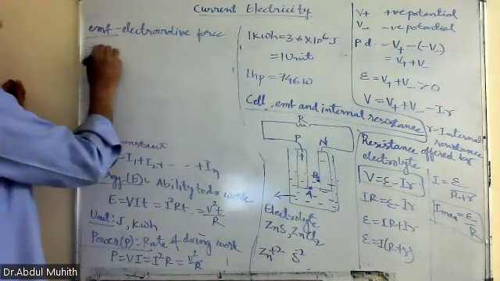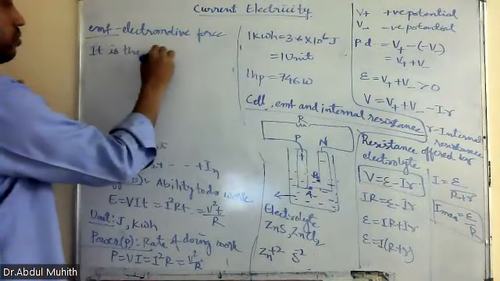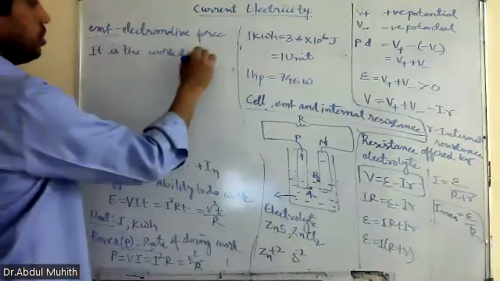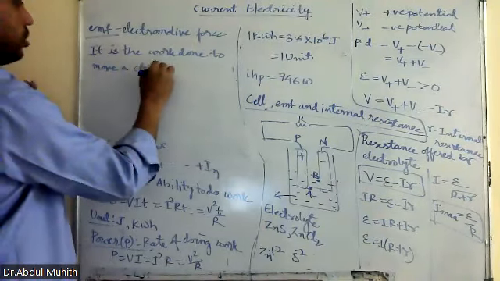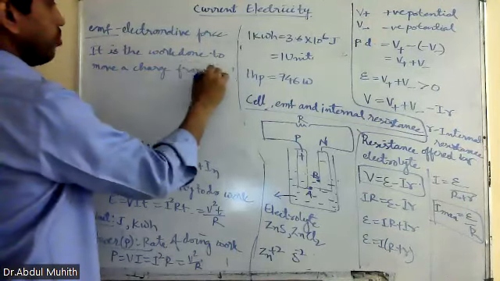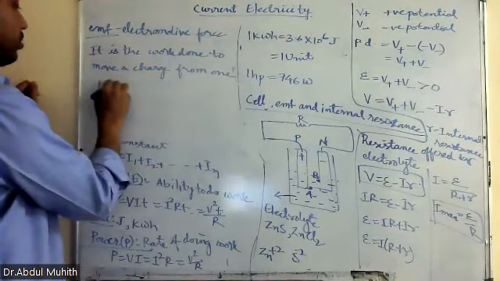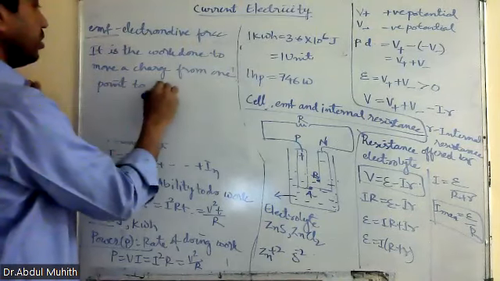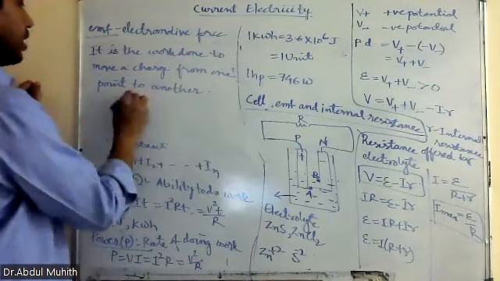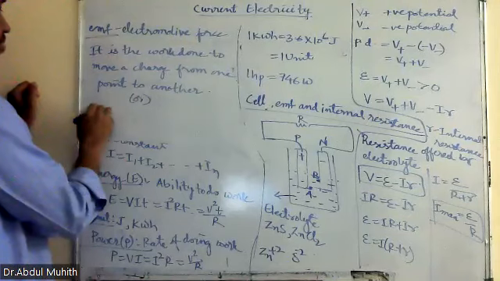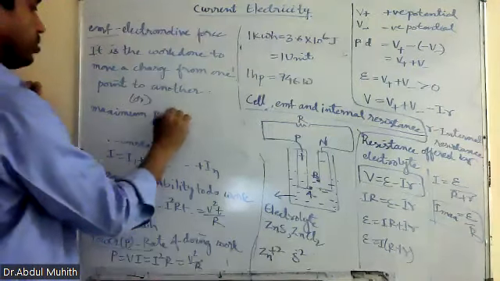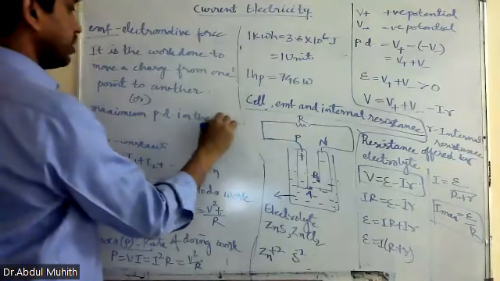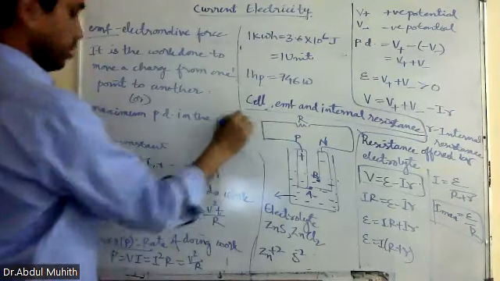Okay, it is the work done to move a charge from one point to another. That is said to be EMF. Or the second definition, maximum potential difference in the circuit. Maximum potential difference in the circuit is second.